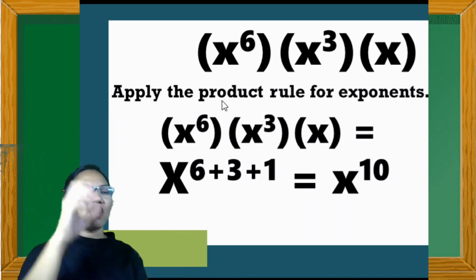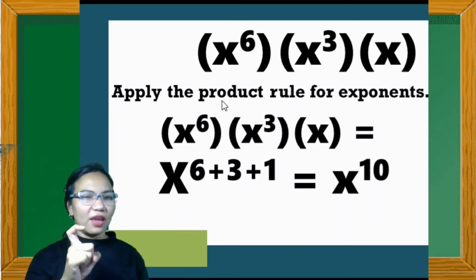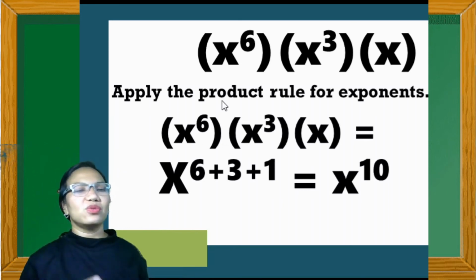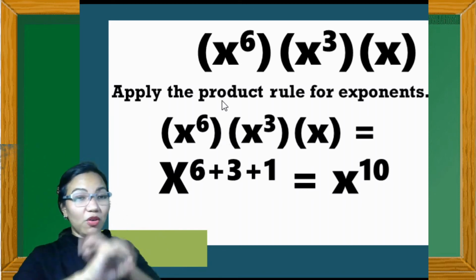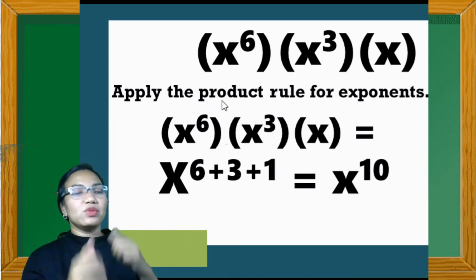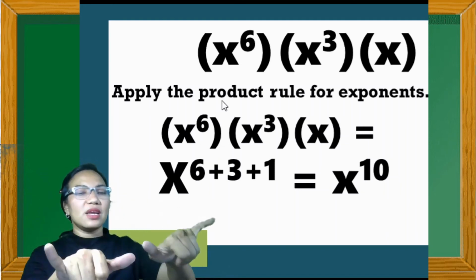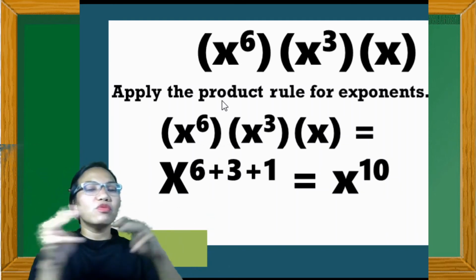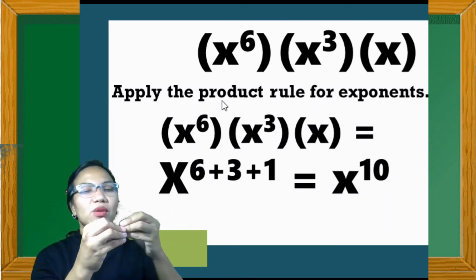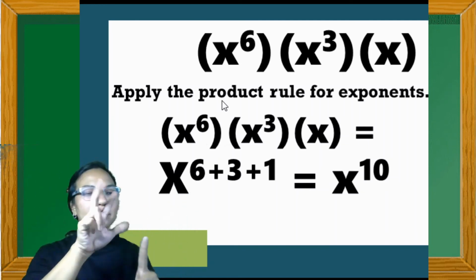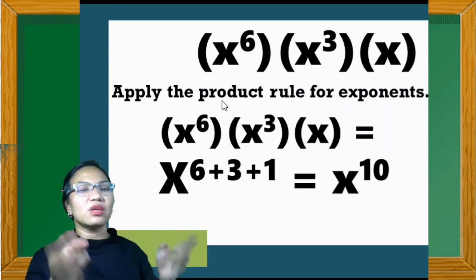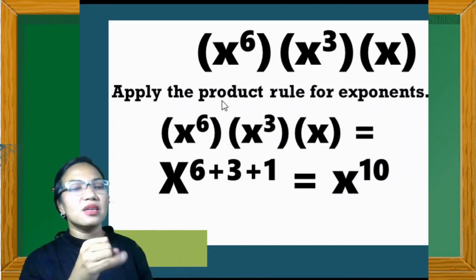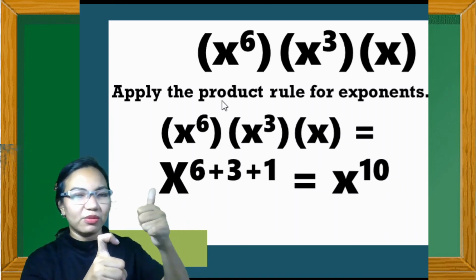As you observe, obviously the x, which is the base there, stays and is kept. What we move now is the exponent only: 6 plus 3 plus 1. So the resulting power is x raised to the 10th power. Wow.